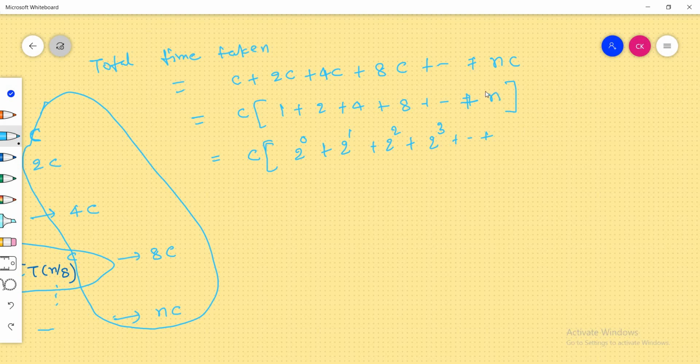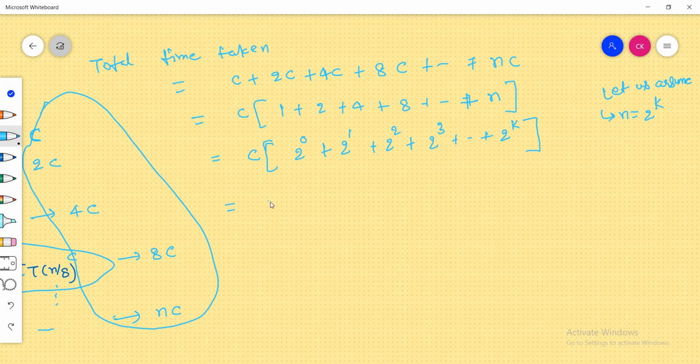We don't know in how many steps we will reach n. So let us assume n is equal to 2 to the power k, means in k steps we will reach n, so 2 to the power k.